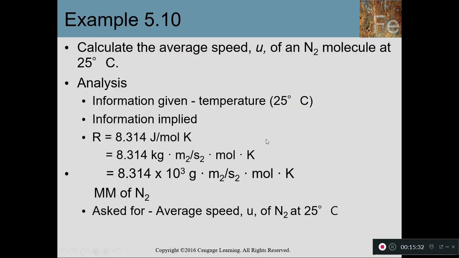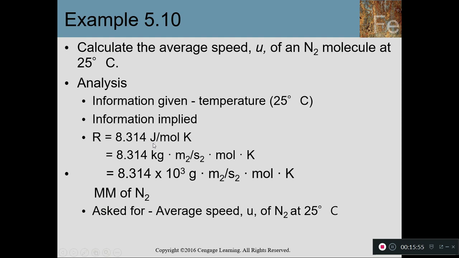So I want to calculate the average speed, the root mean squared speed, of nitrogen at 25 degrees Celsius. Well, things we know: the temperature is 25 degrees Celsius, which we have to change to kelvins. We know our R. Now, again, I said that for this particular application, we would use the R of 8.314 joules per mole Kelvin.